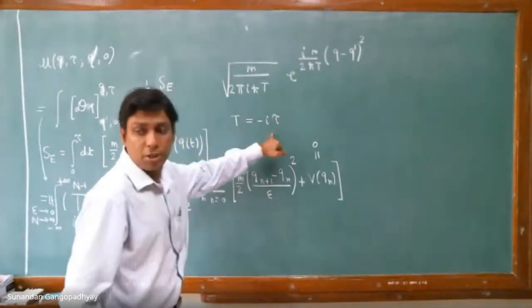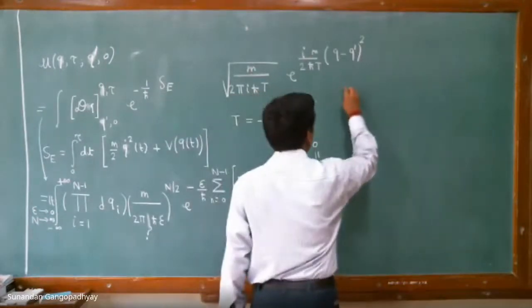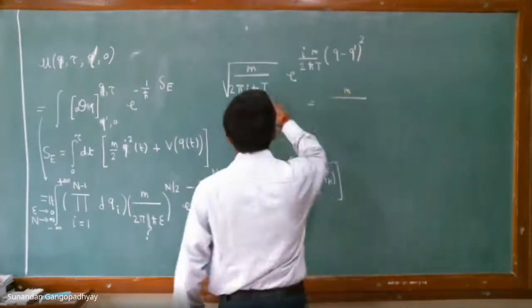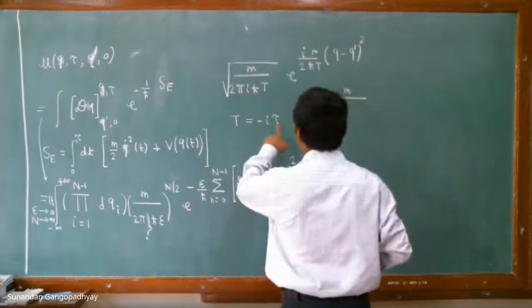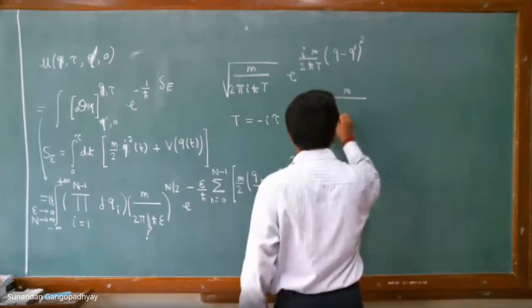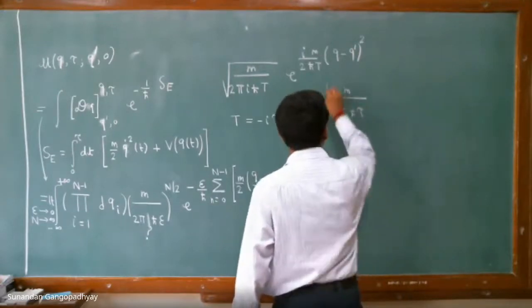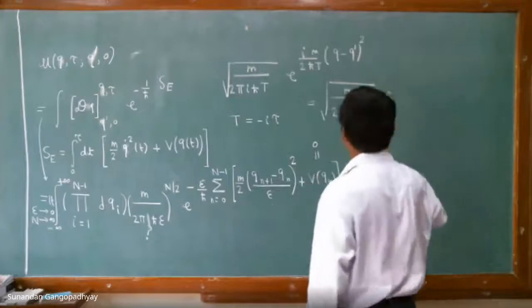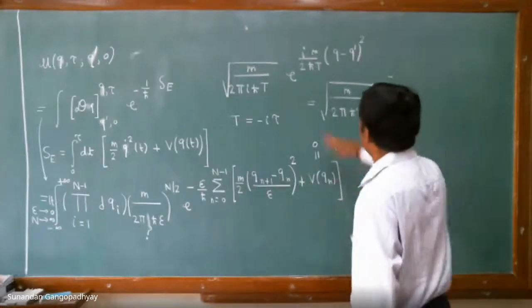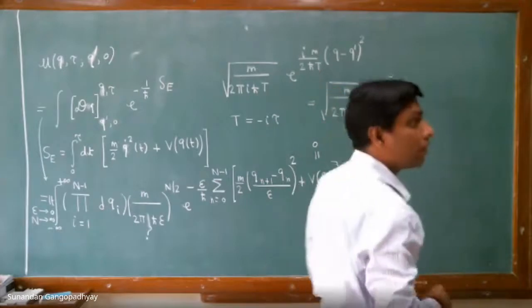You make this substitution in the result for the free particle, and what you will get is the following: i t is tau, and therefore you will have square root of m by 2 pi h bar tau, e to the power of minus.